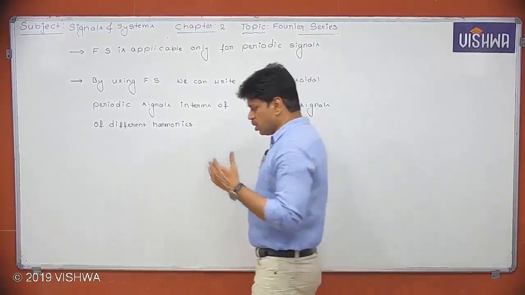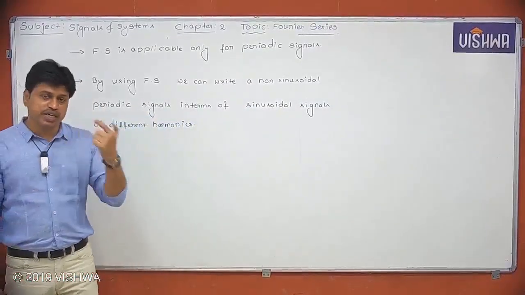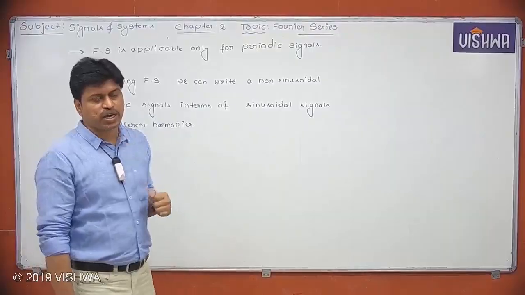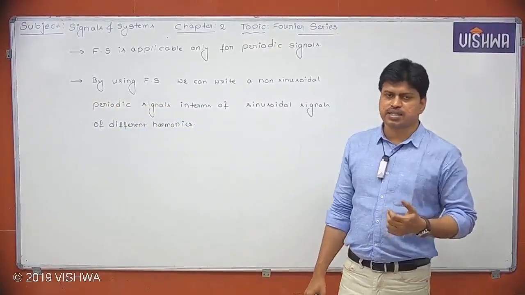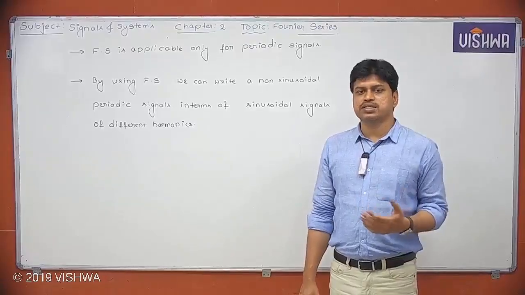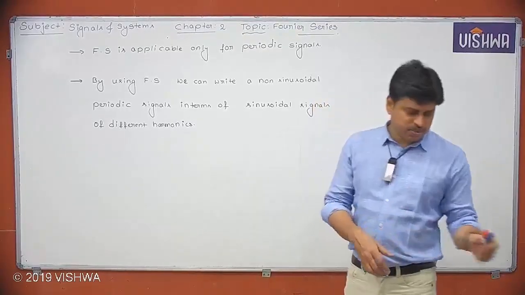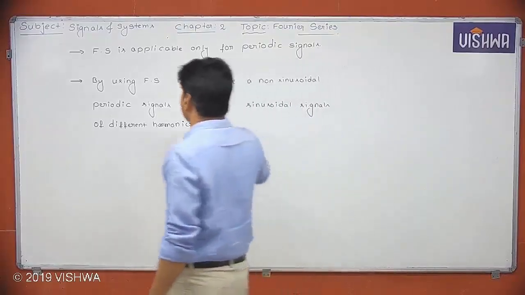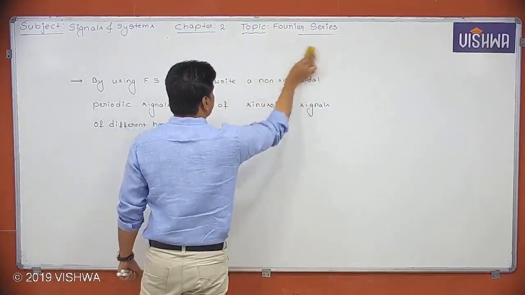That means if the signal is satisfying Dirichlet conditions, then only we can write the Fourier series. Otherwise, we cannot. So I can simply say Dirichlet conditions are nothing but the conditions for the existence of Fourier series.